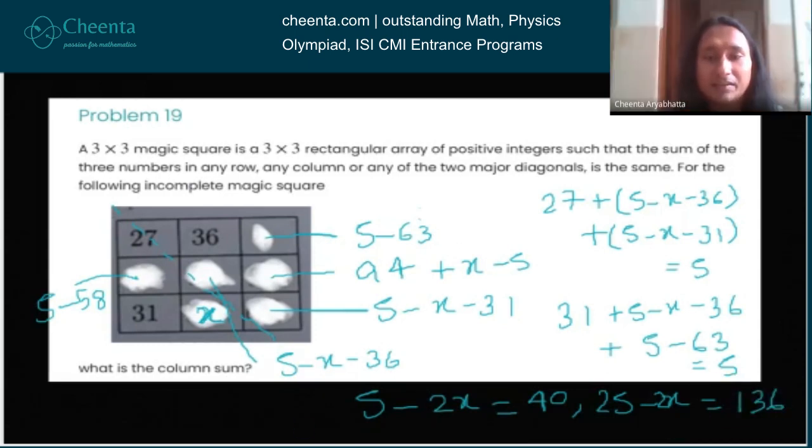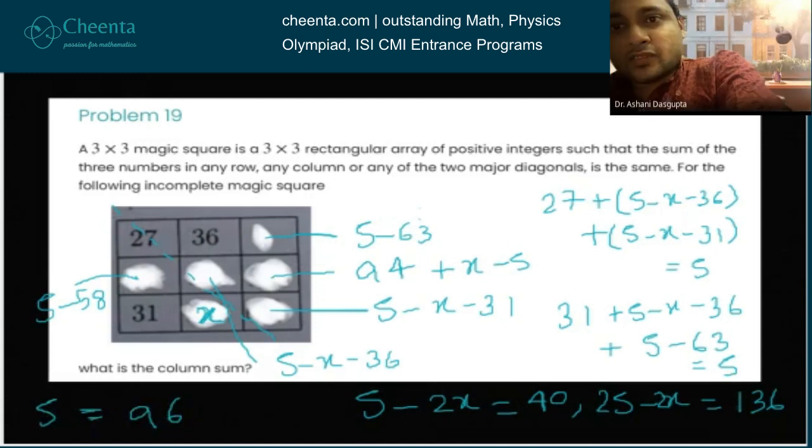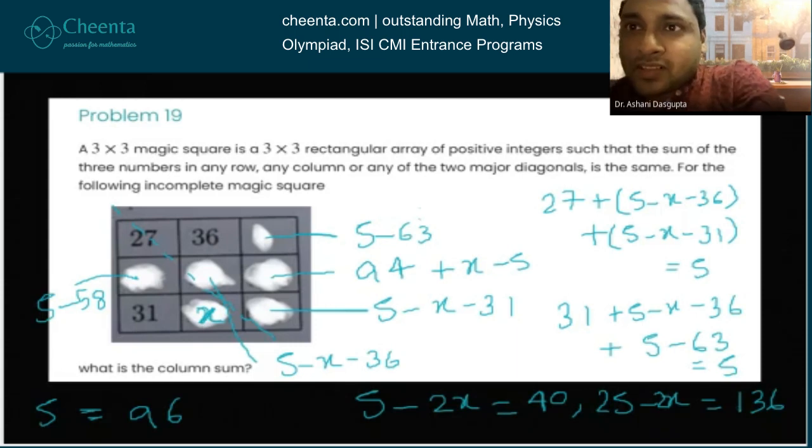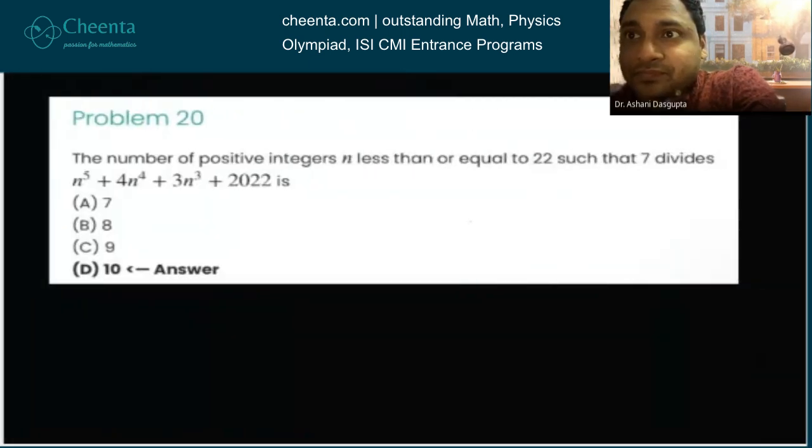And then we take the difference, and that gives us S. S is equal to 96. So this is a simple algebra type of equation problem. Nothing complicated here. Let's go to the next one.